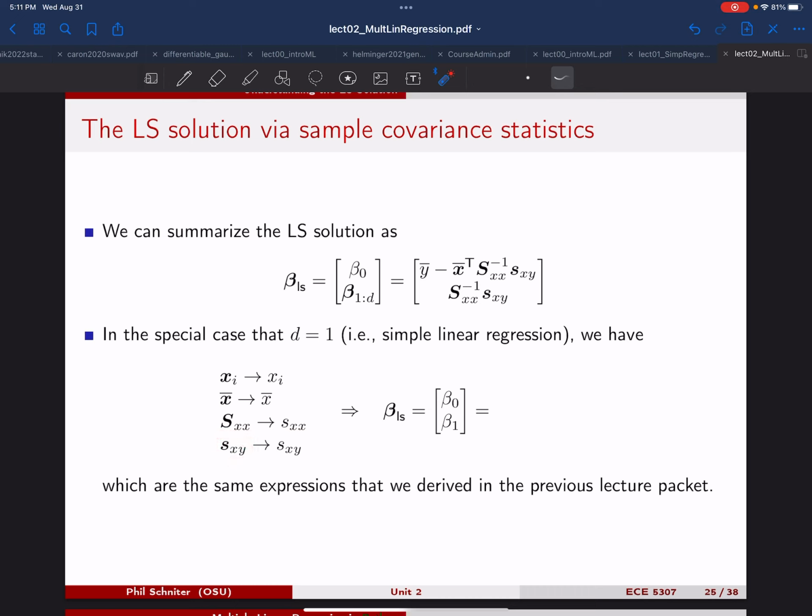And in that case, you make these substitutions in there, and what you find is you get y bar minus x bar sxy over sxx, and you get sxy divided by sxx. And these are exactly the expressions we derived in the last unit. So now we can see a direct correspondence with that derivation in this one.